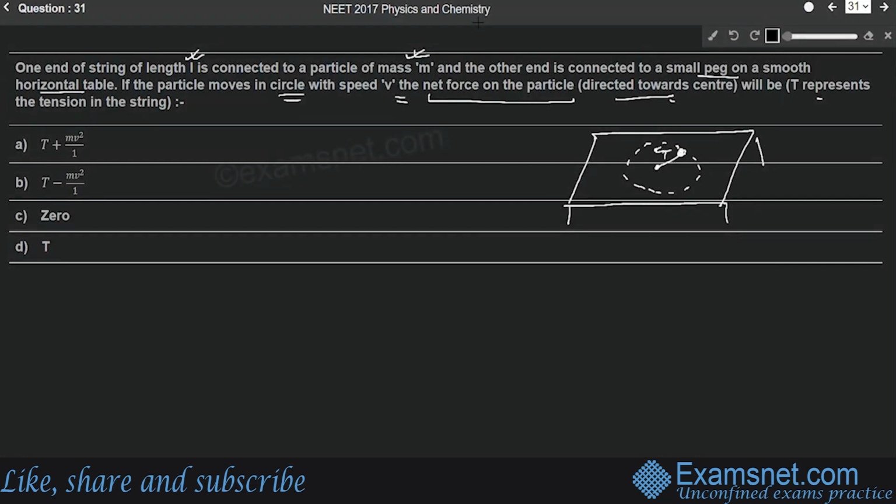So the only force, or you can say the net force on the particle is tension T, okay, and that will provide the centripetal force. So that will be equal to mv square by L. So the correct option will be option D. Okay.